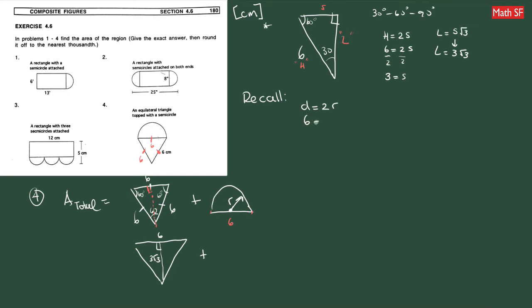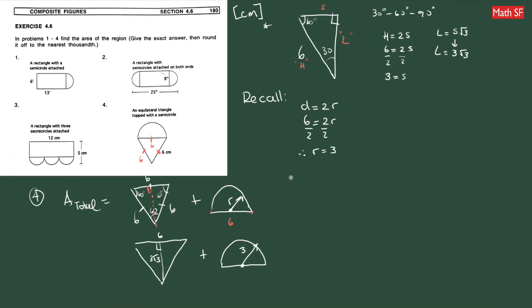So if the diameter is 6, then the radius is half of it. Therefore, the radius is equal to 3. So my semicircle is actually half of a circle with radius 3.